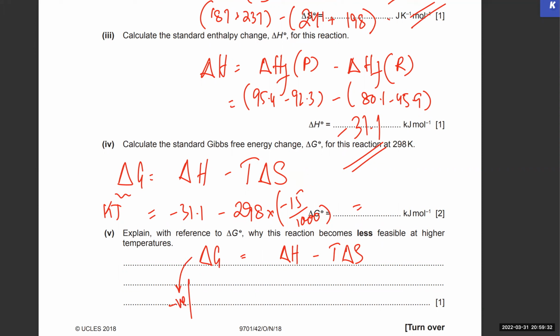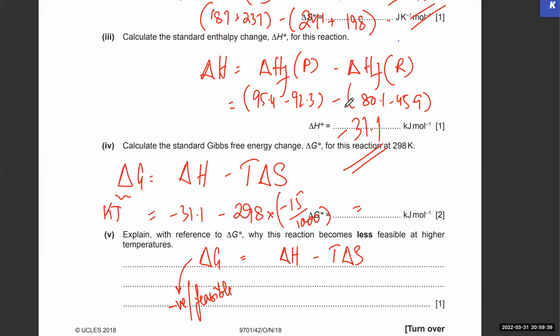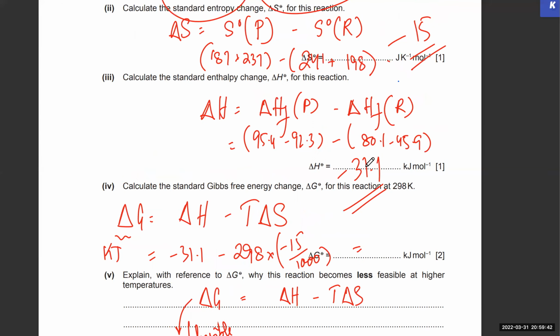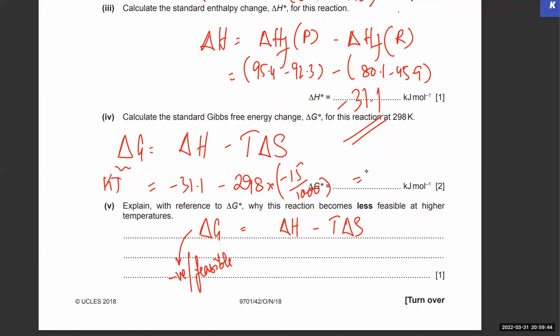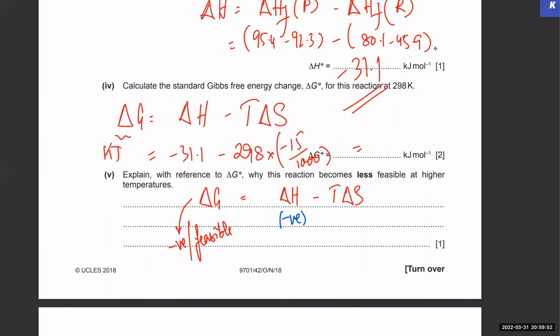Is that clear? Yes, sir. So what is given is that you already know what enthalpy change is. It's negative, right? I mean, it's given, you've calculated that, it came out to be negative. You also know entropy change, that's also negative. So this is also negative.